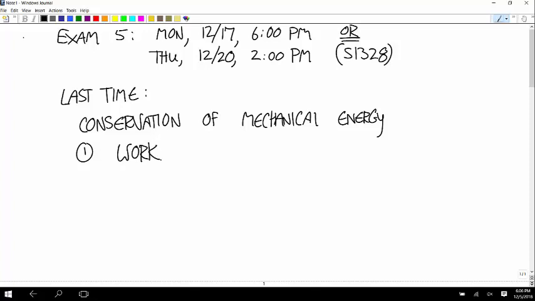Anyone remember what the definition of work is? Not the mathematical one, but what is work? So work is a change in an object's energy caused by the application of a force.